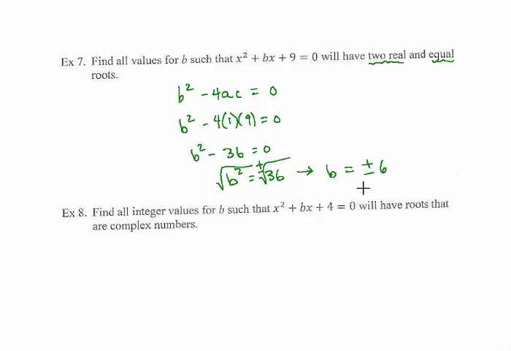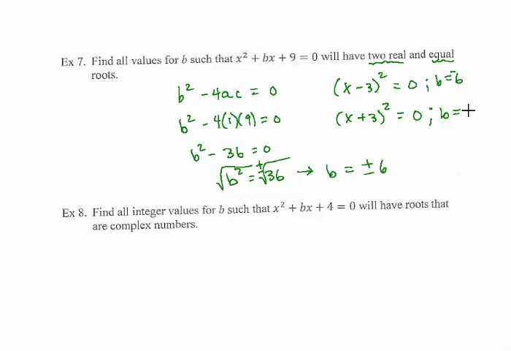So in this case, we have x minus 3 squared or x plus 3 squared, okay, which is how you would factor it if you were to use b equals plus 6 or minus 6.